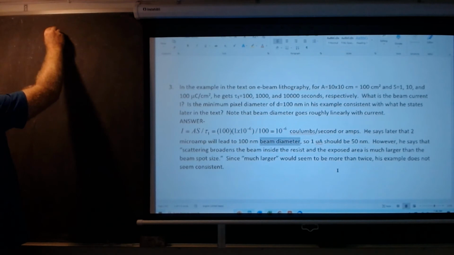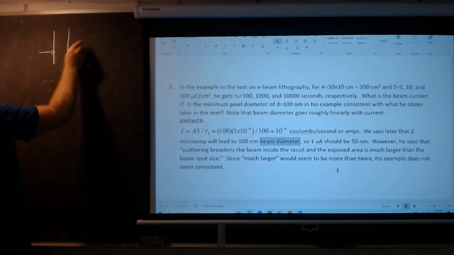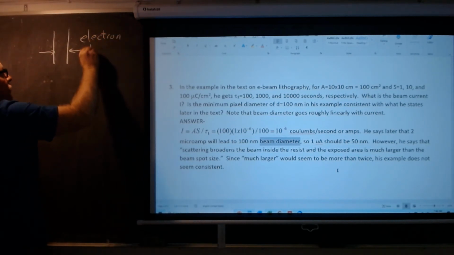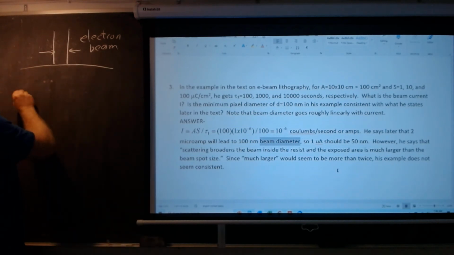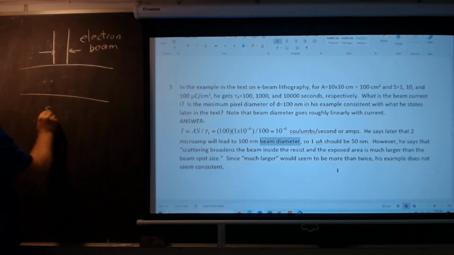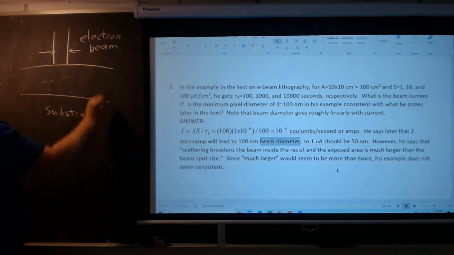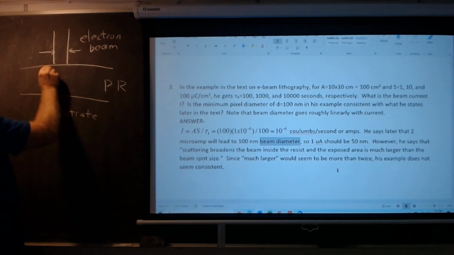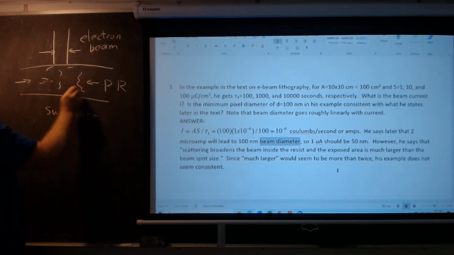Remember, this is the electron beam. But then when it hits the photoresist, this is the substrate, this is the photoresist. The electrons scatter, and there's this effective diameter.